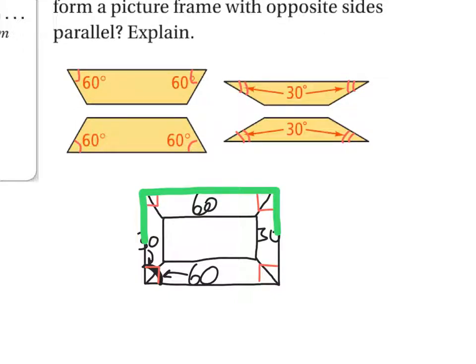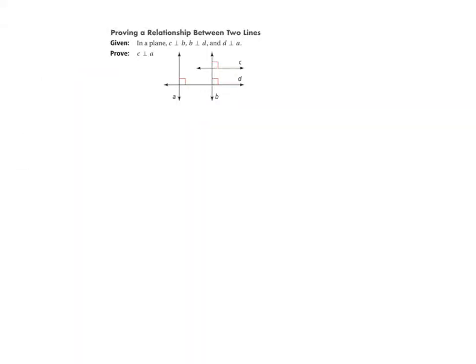Yes. And since same side interior angles are supplementary, adding up to 180, that means absolutely 100% sure that this side is parallel to that side. And for the exact same reasons, we're going to get this side parallel to that side. Okay? Questions?